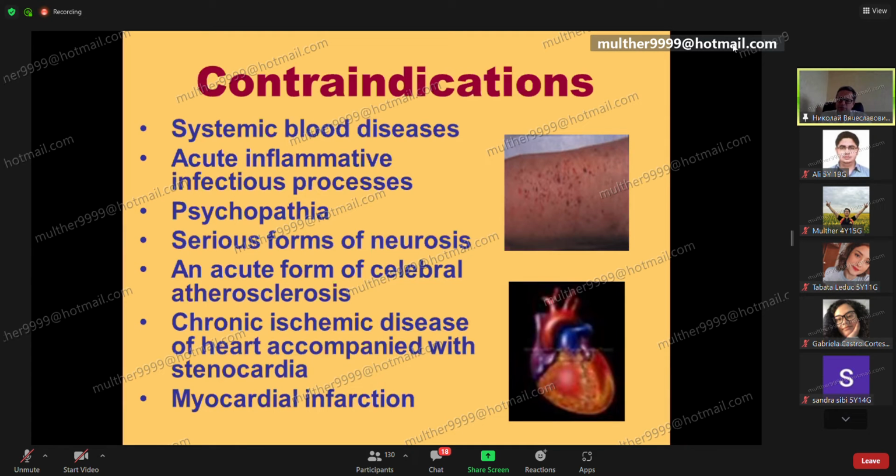The irritable effect of electric current can provoke exacerbation or negative reactions for patients. Acute form of cerebral atherosclerosis also is not recommended for application of galvanization, and chronic ischemic heart disease accompanied with stenocardia. And of course, patients with severe cardiovascular system disorders such as myocardial infarction.